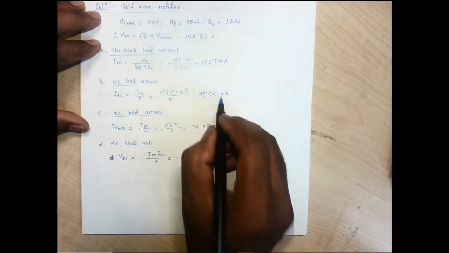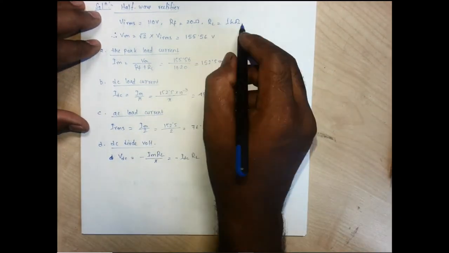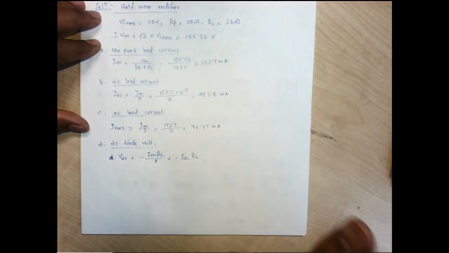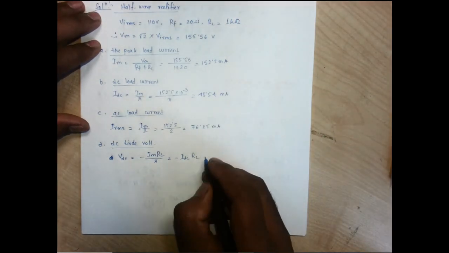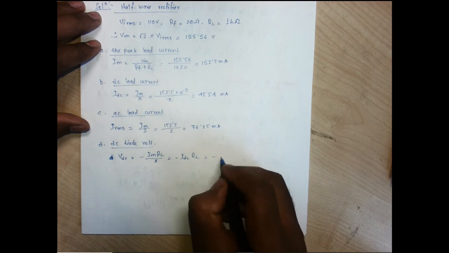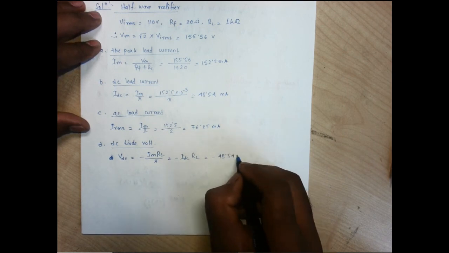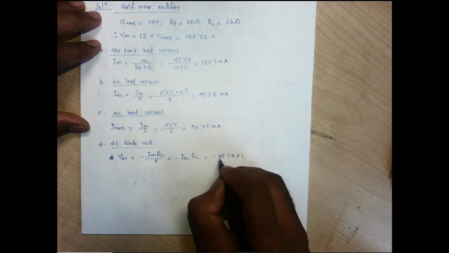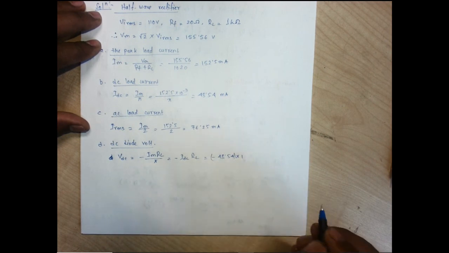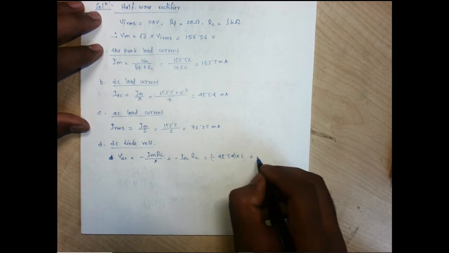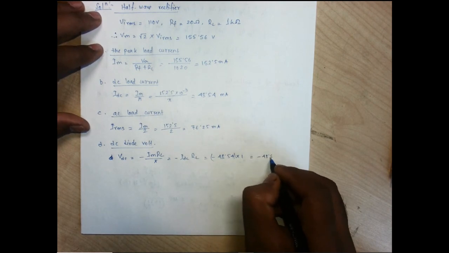This is the value of IDC, RL is 1K. So milli and K will get cancelled. So we have minus 48.54 into 1. We can write it like this. So that is minus 48.54 volt.